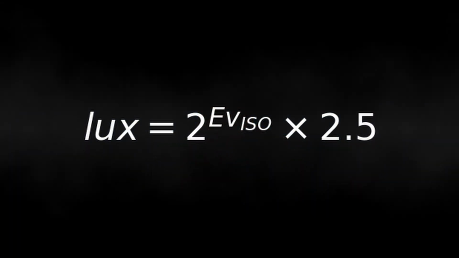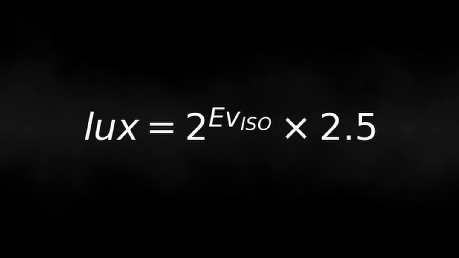The next part of this process is to convert that ISO-adjusted exposure value into an illuminance level in lux. And this is actually pretty simple. All we do is 2 raised to the power of the exposure value that we just calculated, multiplied by 2.5.